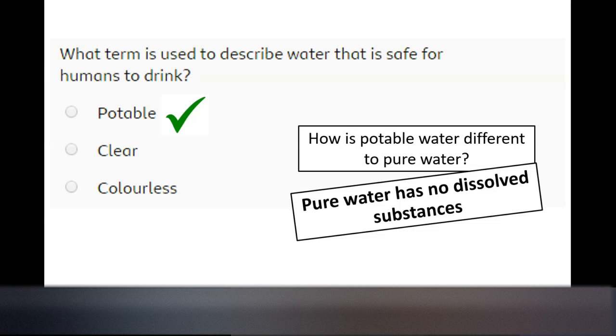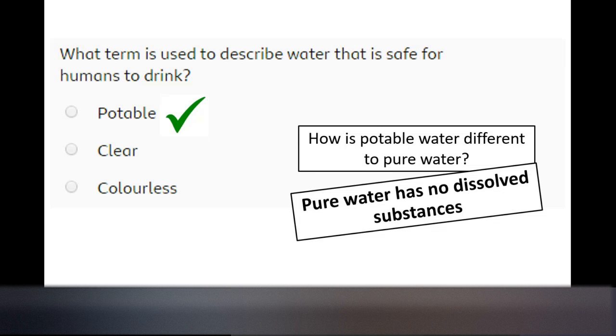However, microbes, different things like that, most of those have been removed in order for it to be safe to drink. So both pure water and potable water are safe to drink, but pure water is the only one that has no dissolved substances. Well done. A lot of people getting that correct.